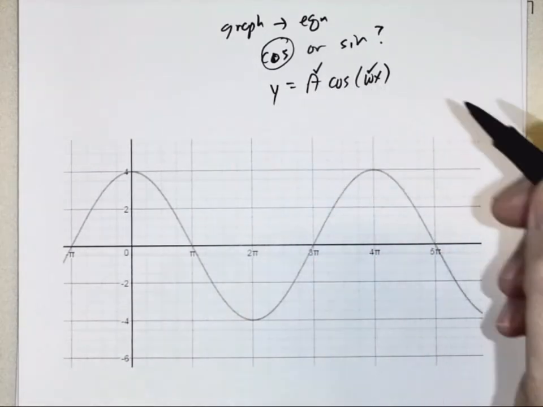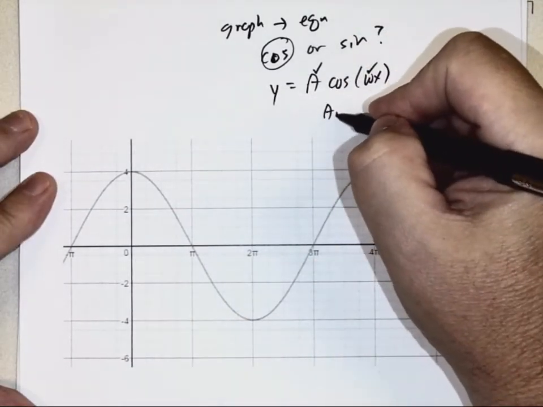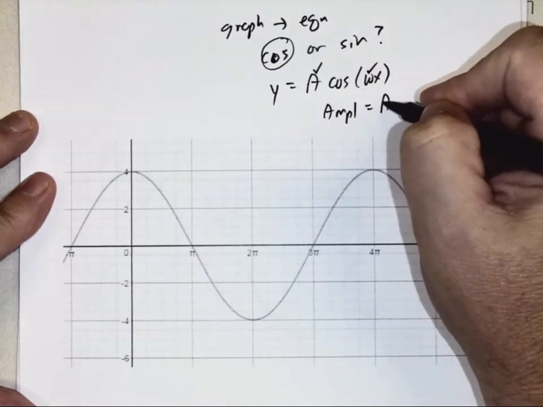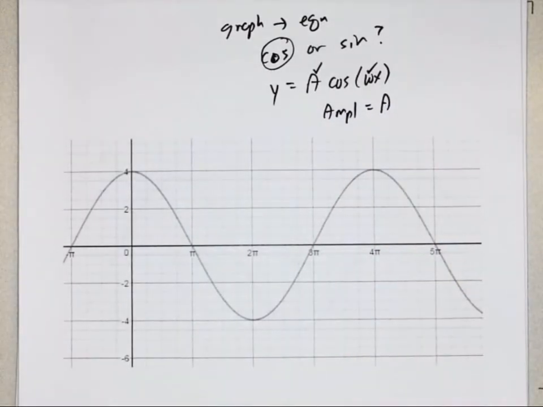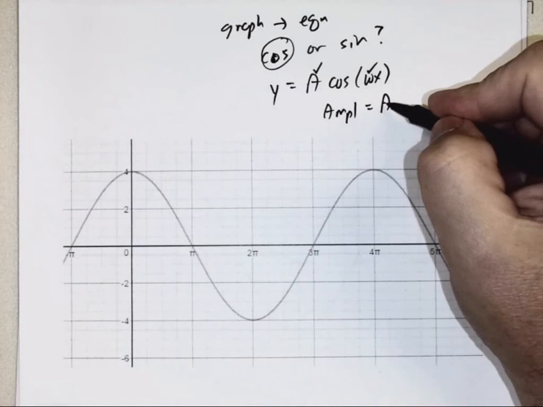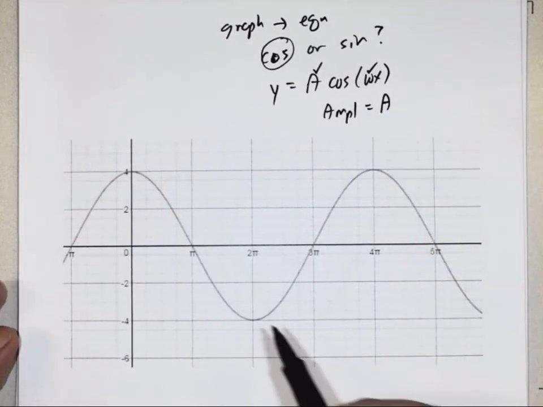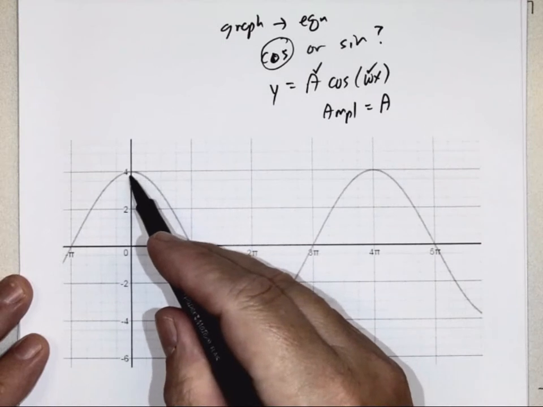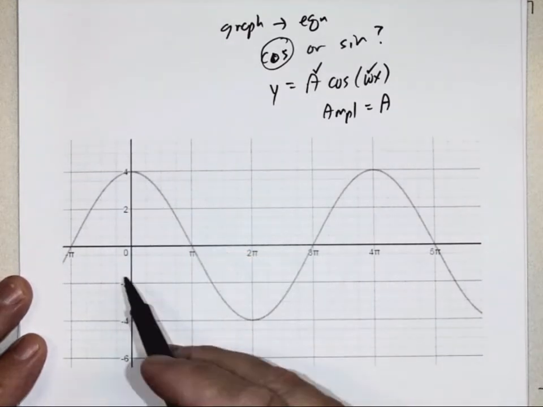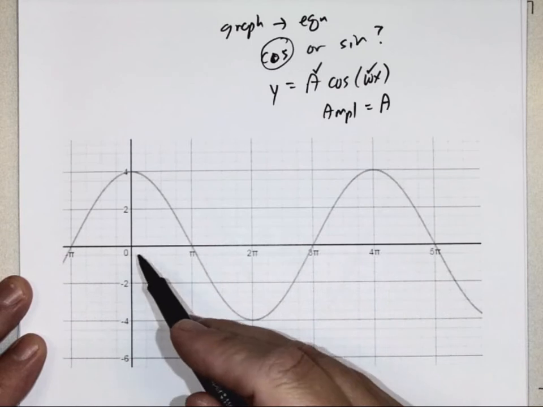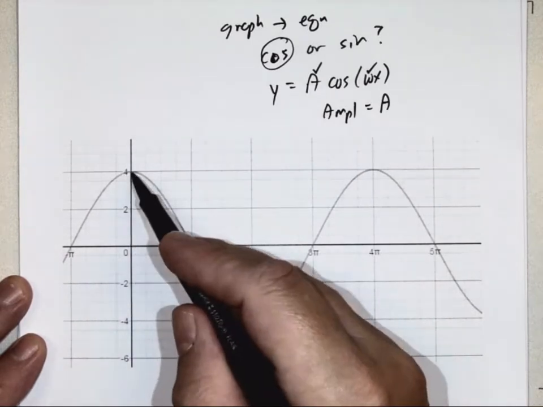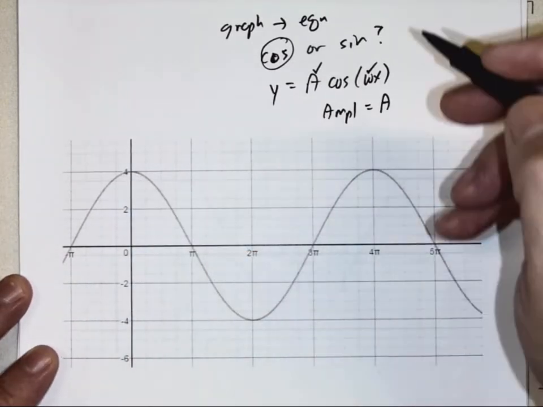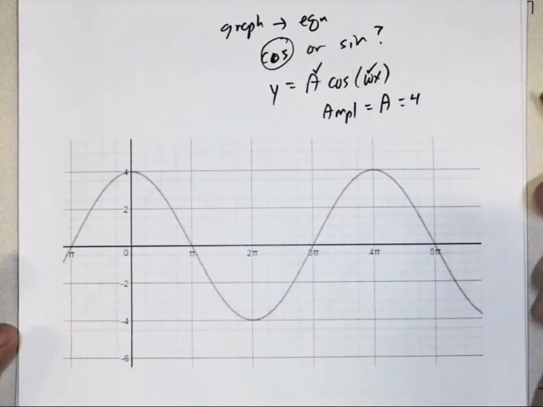Amplitude equals A. Amplitude is really always easy to determine from a graph because once again, it's the distance from the middle of the graph to the highest point or the lowest point. Hopefully you can see this goes up to 4 and down to -4. Hopefully it's pretty clear that the amplitude is 4, which means A is 4.